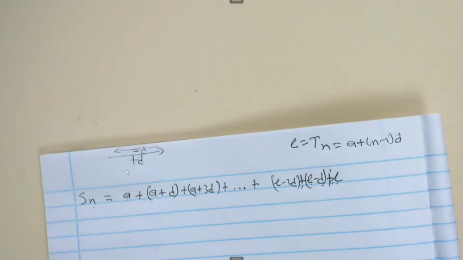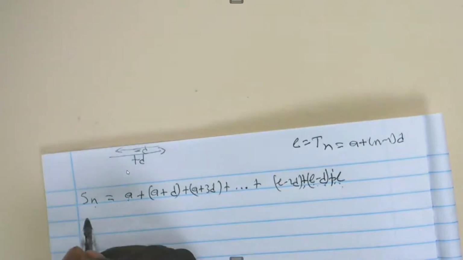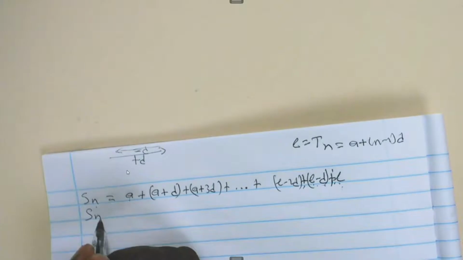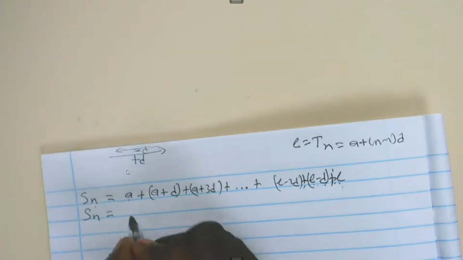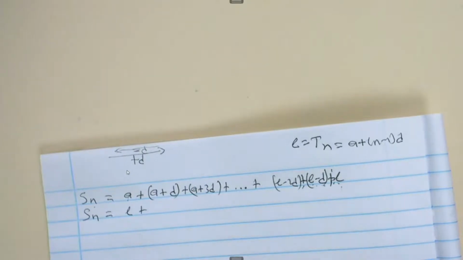And then addition is commutative, meaning that we can start with the last term. 5 plus 2 is equal to 2 plus 5, meaning that we can start with this last term. If we start with the last term, we are going to have Sn equals L plus, and we now rewrite the same process but in the other way. We start with L going back to a.